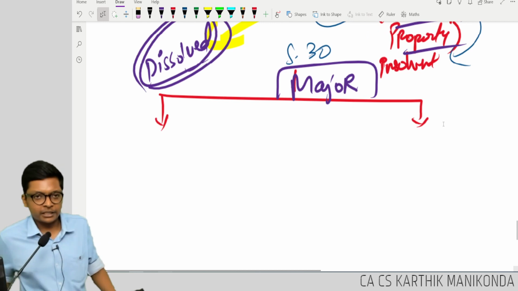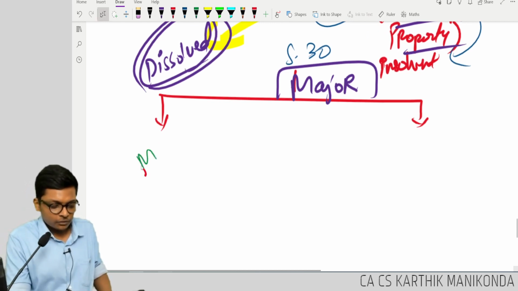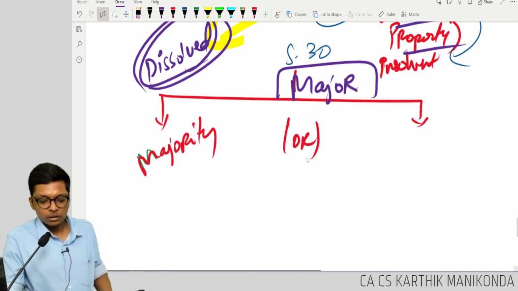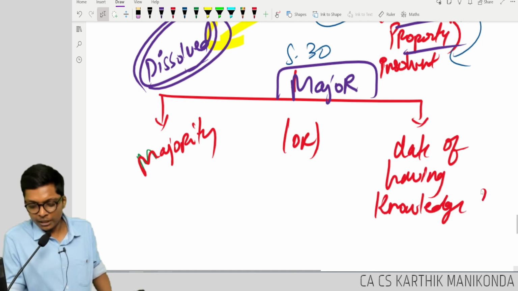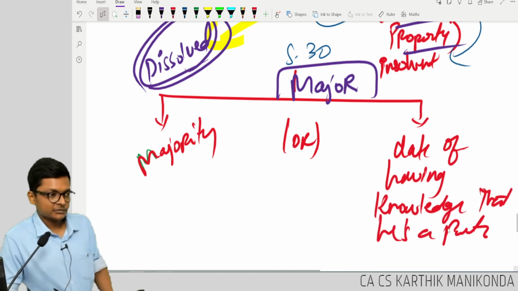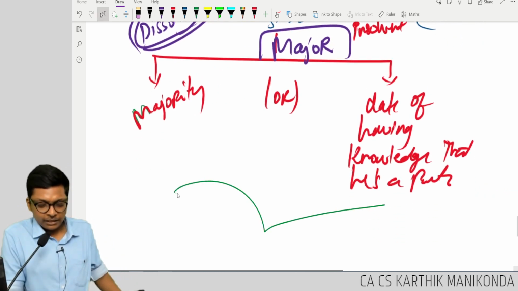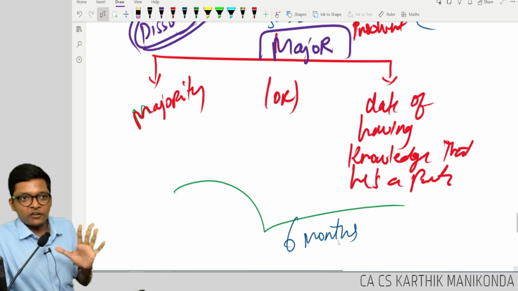Once you become a major, from the date of attaining majority or the date of having knowledge that he is a partner, whichever is later, from this date within 6 months. Why is it not from the date of becoming major?